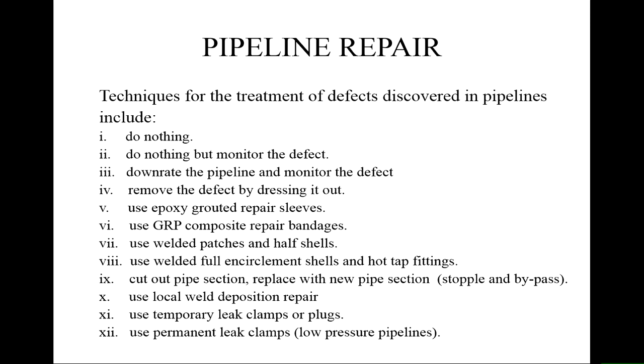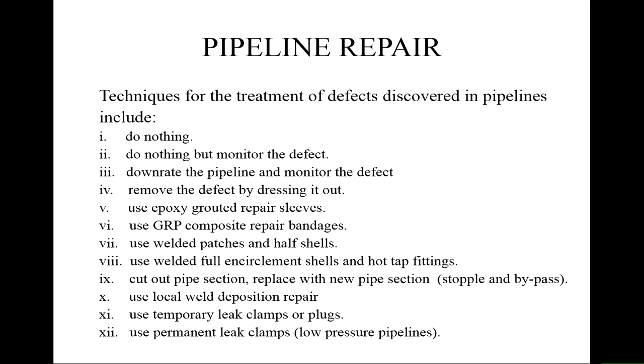After monitoring for a period of time, if the defect doesn't extend at all, then we can stop the monitoring and say that the pipe will safely operate in the future.